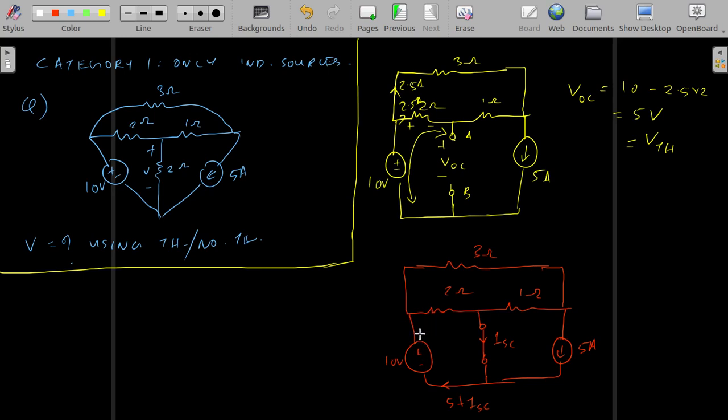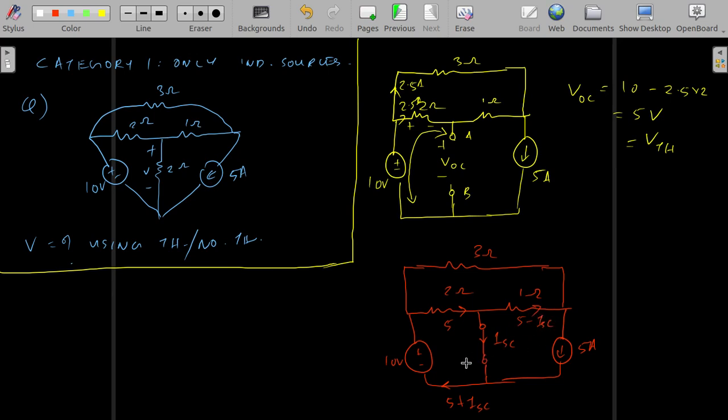And here if you see, this 10 volt is acting, it is in parallel with this 2 ohm. So the voltage across this 2 ohm will be, what will it be? It will be 10 volt. That means the current flowing through here is 5 ampere. And since ISC is coming here, it will be 5 minus ISC.